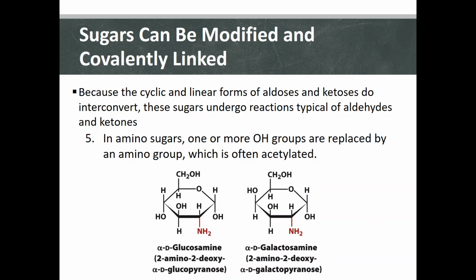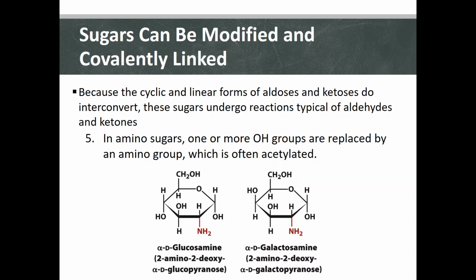We also have a grouping referred to as amino sugars, where one or more OH groups are replaced by an amino group. So here, D-glucose, actually alpha D-glucose, has been subjected to the same sort of modification to give alpha D-glucosamine. Here is alpha D-galactosamine. So here you had an OH group that was replaced with an amino group to give the amino sugar.